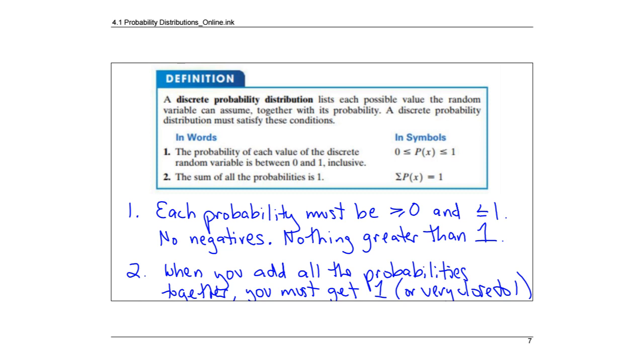But a probability cannot be negative, and a probability cannot be greater than 1. So that's very important. And then also, all of those probabilities need to sum to 1. So just like when we were looking at complements and the probability of event E plus the probability of the complement is equal to 1, this is the same thing. We're just going to have more variables and more probabilities, but they would all need to sum to 1.